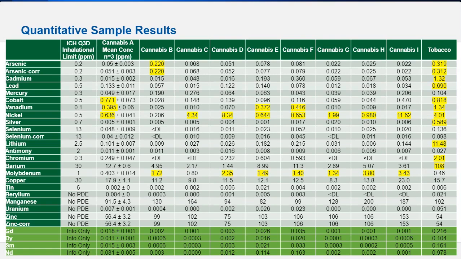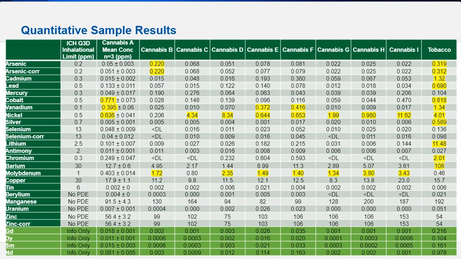Also included in this table are half-mass corrected values versus non-half-mass corrected values for arsenic, selenium, and zinc. I believe I've caught them all, and I've highlighted the results that would have failed ICH-Q3D inhalational limits based on a 10-gram daily dose.